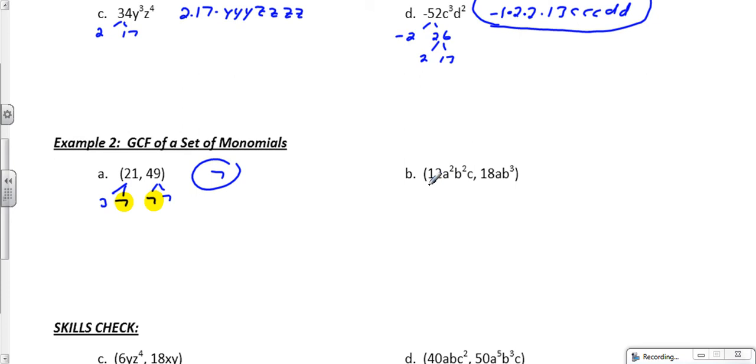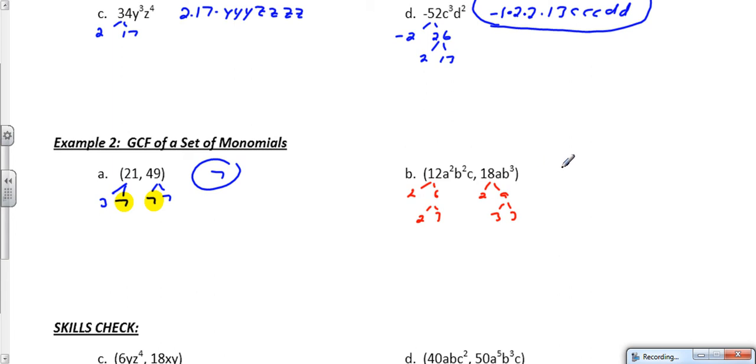So if I do the same process and find prime factors for 12, we get 2 and 6, 2 and 3. 18 is 2 and 9, and 3 and 3. I'm going to draw this up a little bit differently than I did to start, to make it look a little bit more clear.